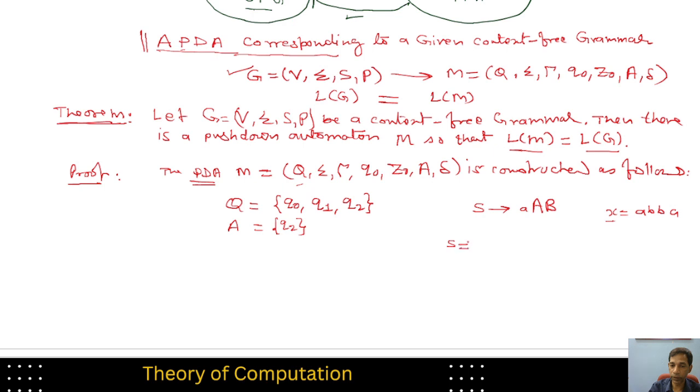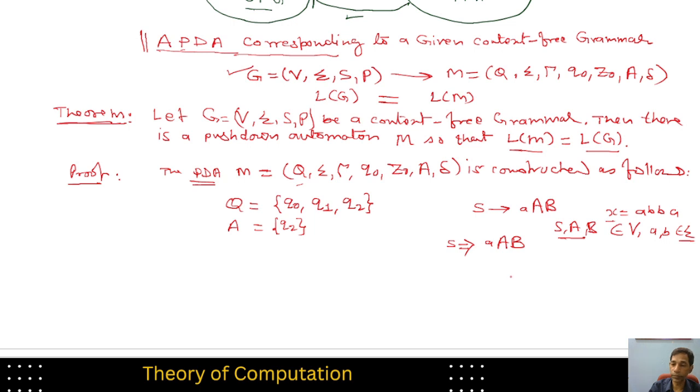Say for example this is the start symbol S, and since we have the production S derives aB, we can replace S with small a capital B. Here we assume that S, A, B are all non-terminals, and a and b are from Sigma.